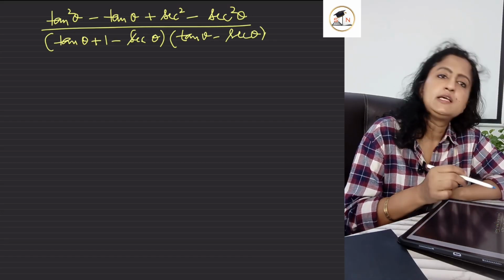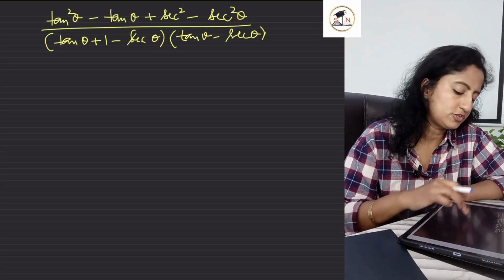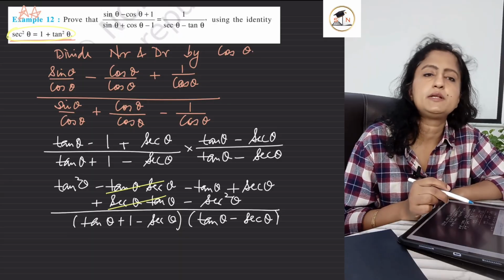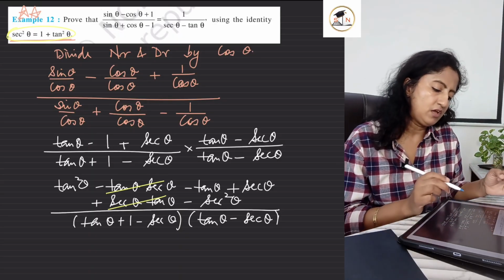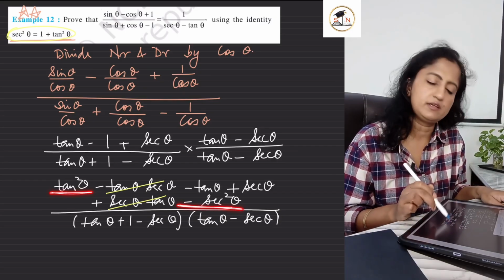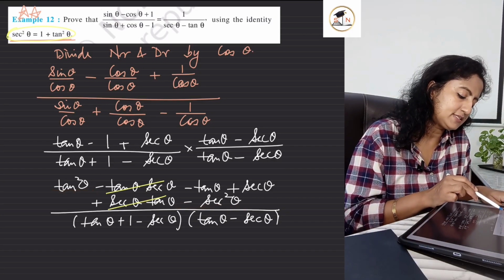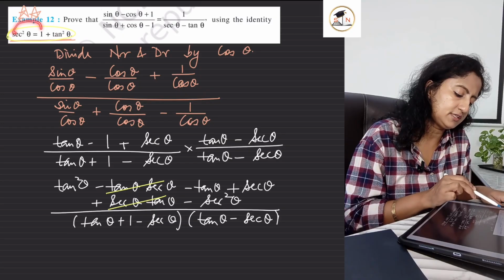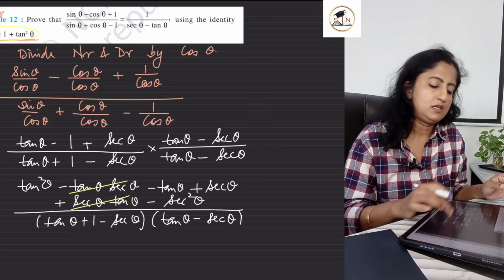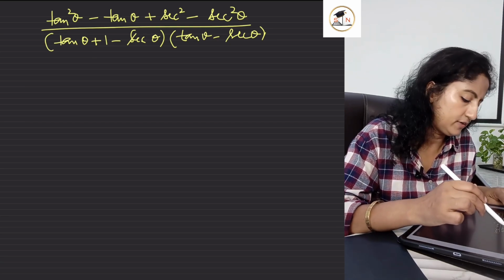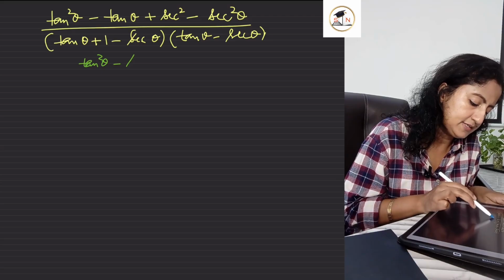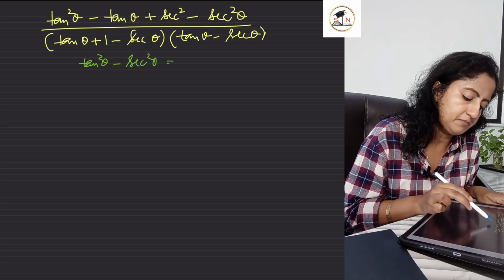Right? Now, second identity that they had also said in the question, and that is sec square theta equals 1 plus tan square theta. Now, what you can see in the numerator, we have tan square minus sec square. So if I do tan square minus sec square, my 1 will go on the other side and sec will go on the other side. That means tan square theta minus sec square theta is actually minus 1.